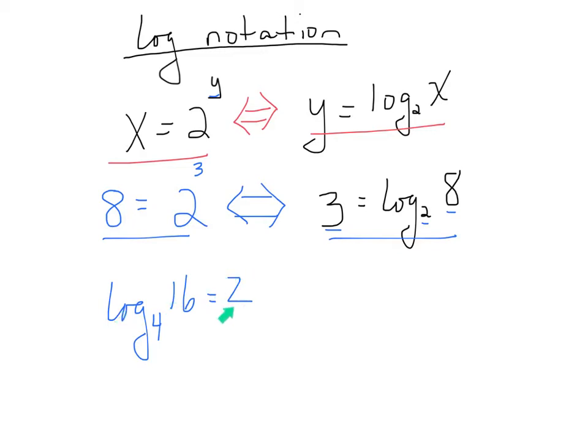This 2 represents the exponent on this base. So the log of 16 is going to be 2 as long as the base is 4. And that is because over in the exponential form, the base is 4, the exponent is represented by 2, and the 16 is the answer, or the number that it's equal to. And you can see again that that is a true sentence.